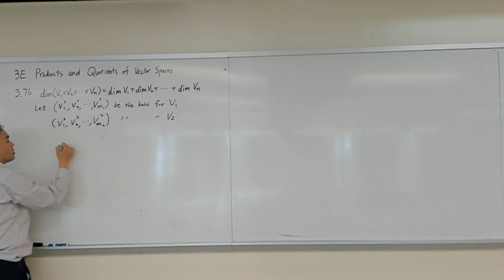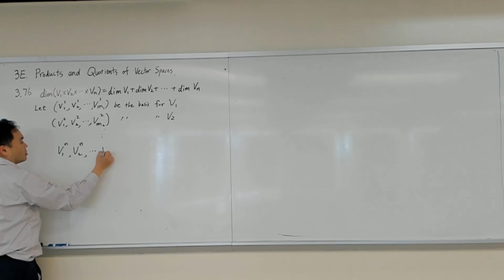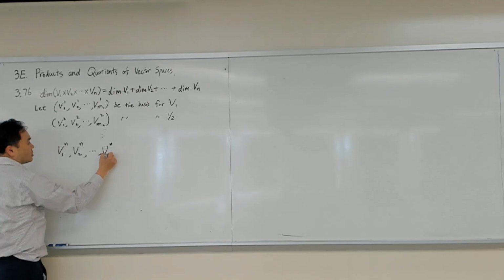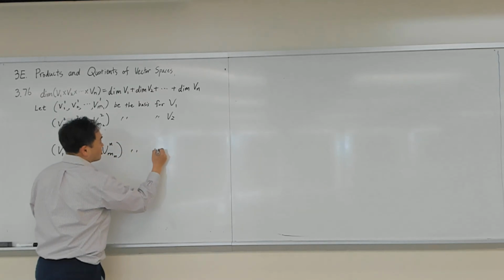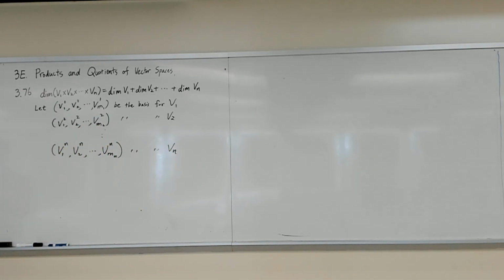So this nth, it's V2, Vn, Mn, be the basis for Vn. Okay. So you might hate this notation because usually you're thinking that putting something up here means it's an exponent, right?